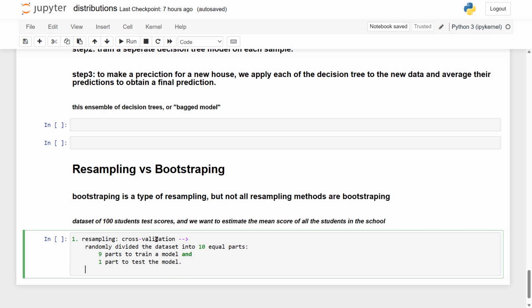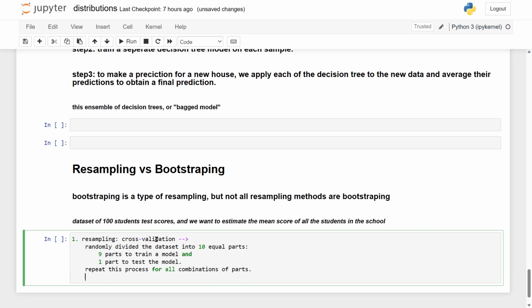Once that is done, we repeat this process for all combinations of parts, and finally by averaging the test scores across all the runs, we can estimate the mean score of all the students in the school.